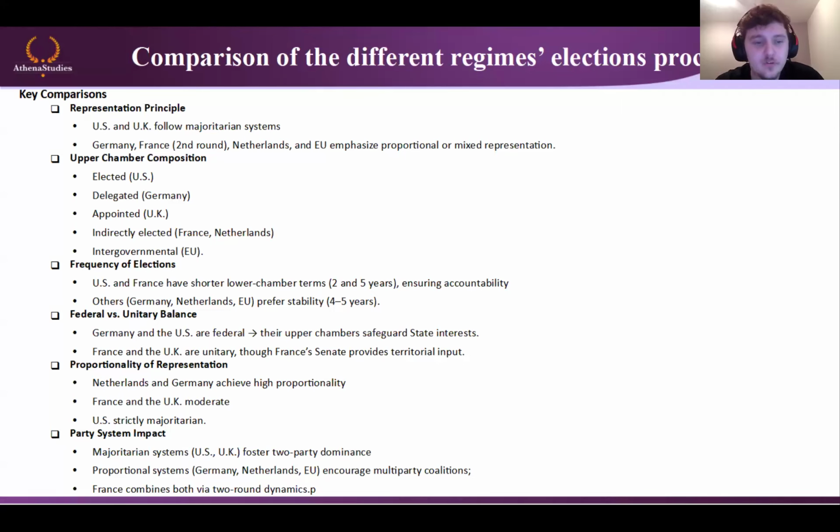France and the UK are rather moderate, and the US is strictly majoritarian. And then party system impact. Majoritarian systems, like the US and the UK, foster two-party dominance. Proportional systems, like in Germany, the Netherlands, and the EU, encourage multi-party coalitions, and France combines both via two-round dynamics.